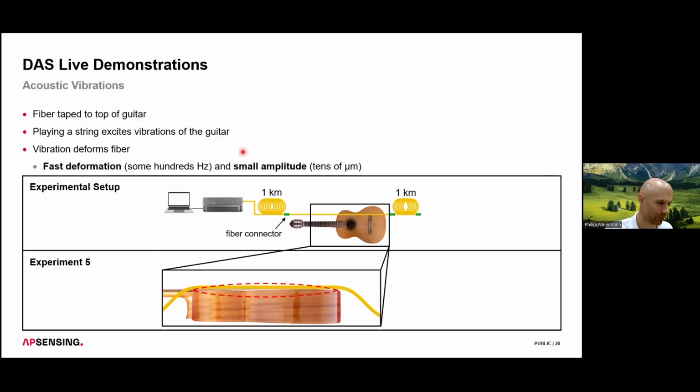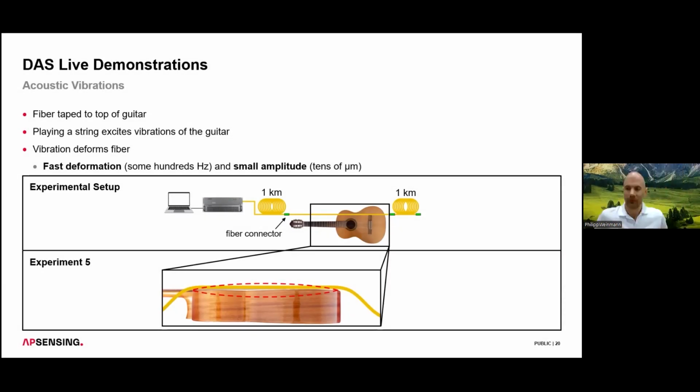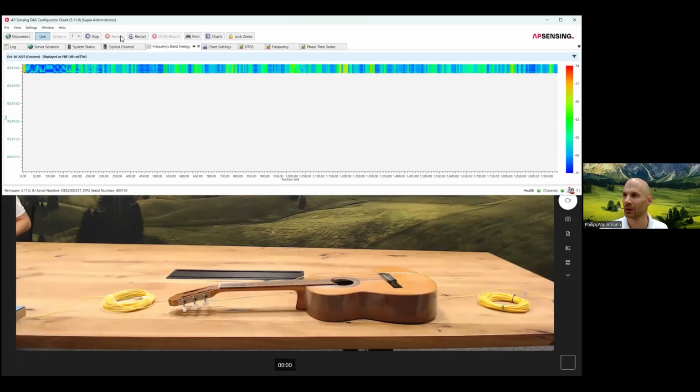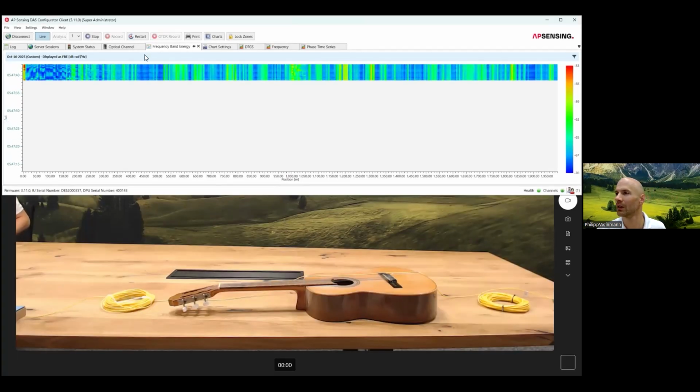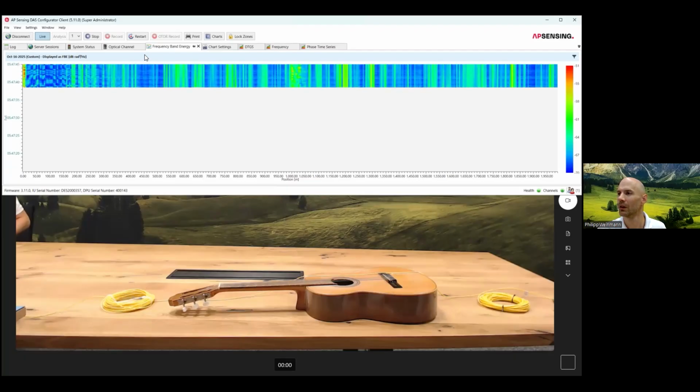So just give me a second. All right. So then let me switch the screen again. Good.